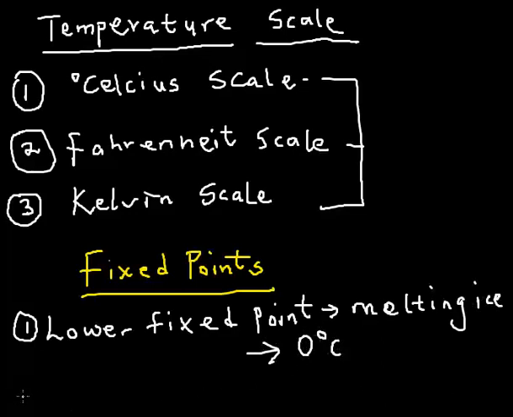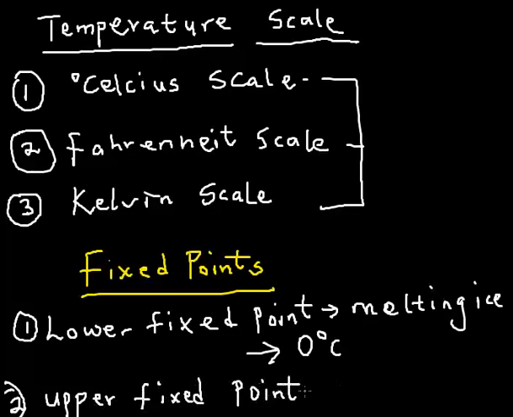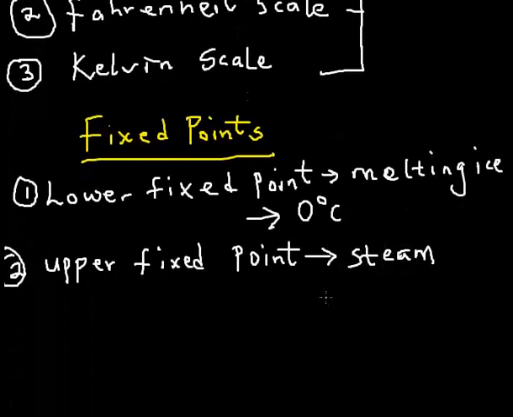Then the other fixed point is what we call the upper fixed point, the maximum temperature. This is the temperature at which water is being converted to steam. So it's just the temperature of steam.